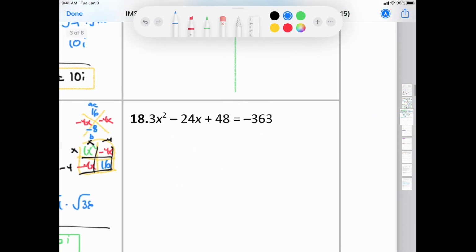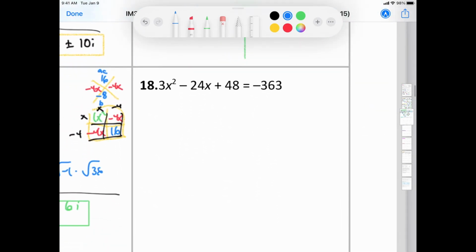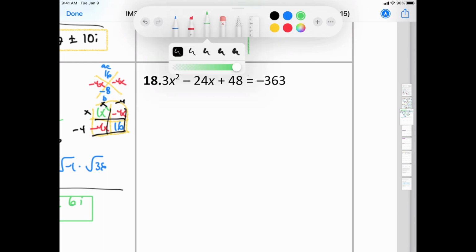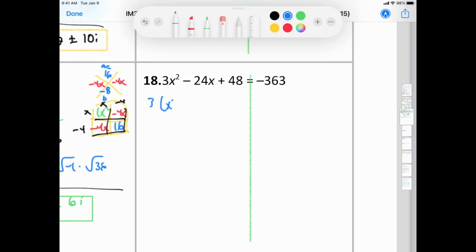And the last one. Remember, it is divisible by 3. And we divide by 3 on both sides.